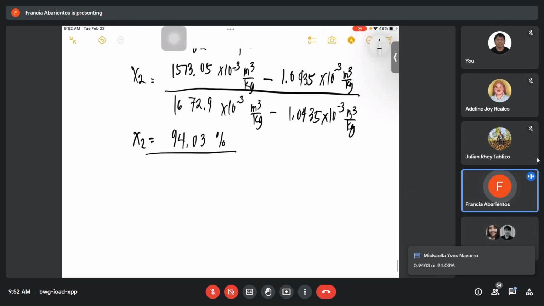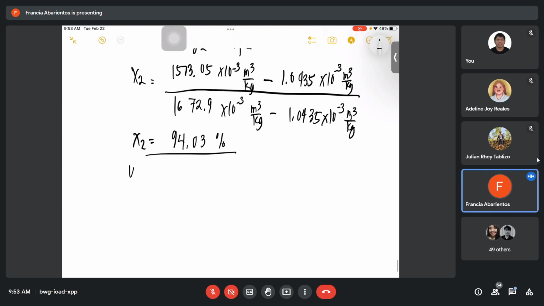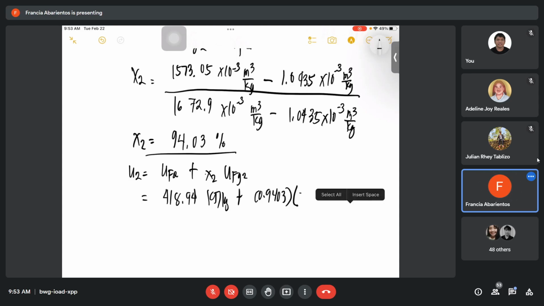So i-compute na natin yung different properties at point 2, U2, UF2, plus the X2 and UFG2. Okay? Point 2, we have the liquid, 418, plus the quality, UFG, 87.6. Compute for the property at point 2. Okay?